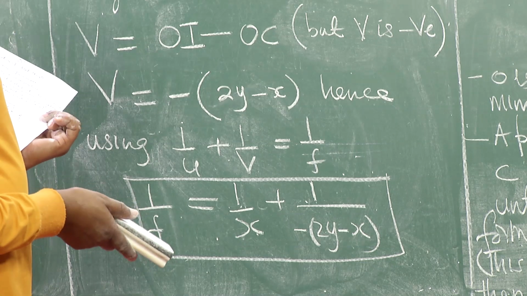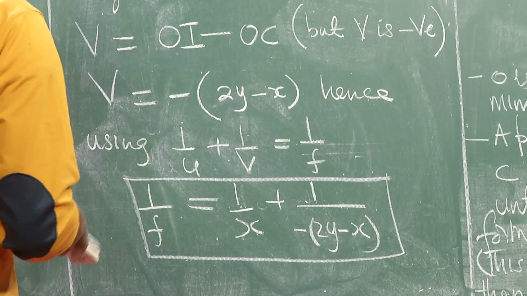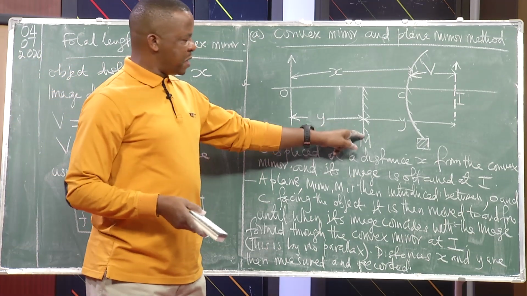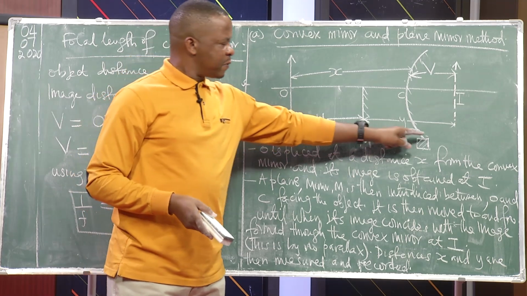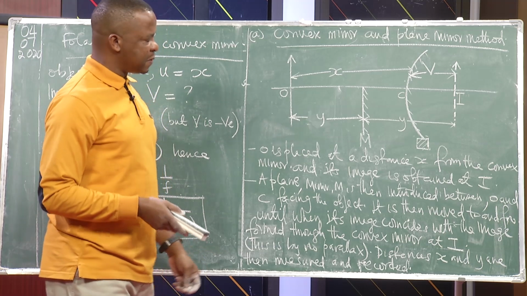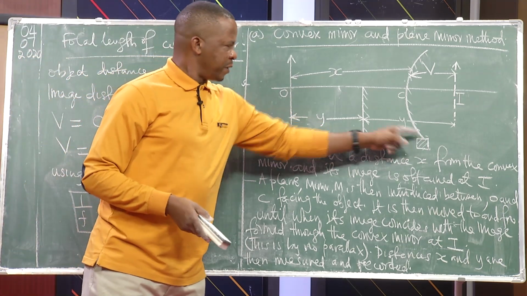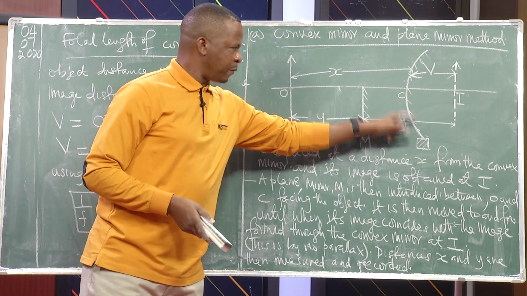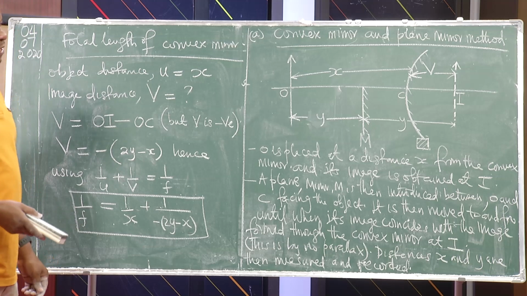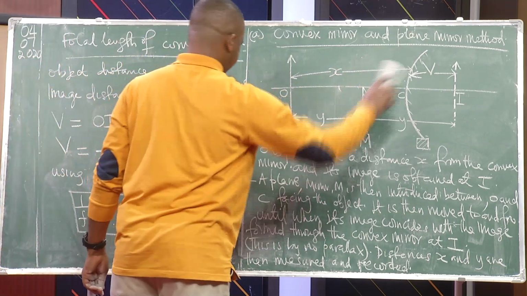One thing that candidates should note here is that the plane mirror that we have labeled M should be just enough to cover half of the curved mirror C. It should just be a half or a small mirror that can cover a half of this. And the point C is assumed to be the center of the aperture of the convex mirror.